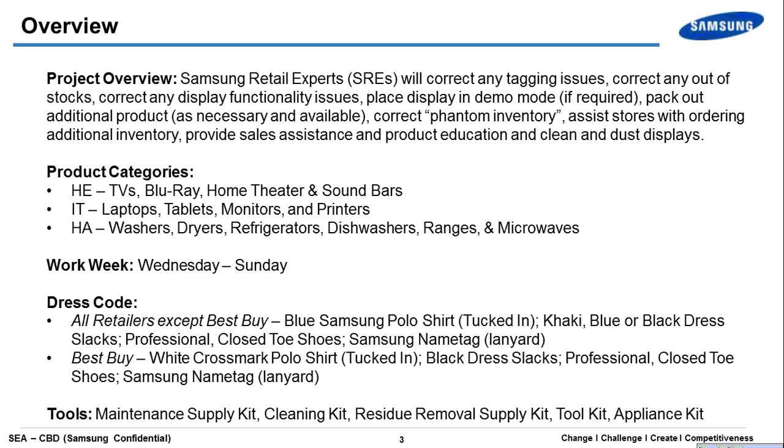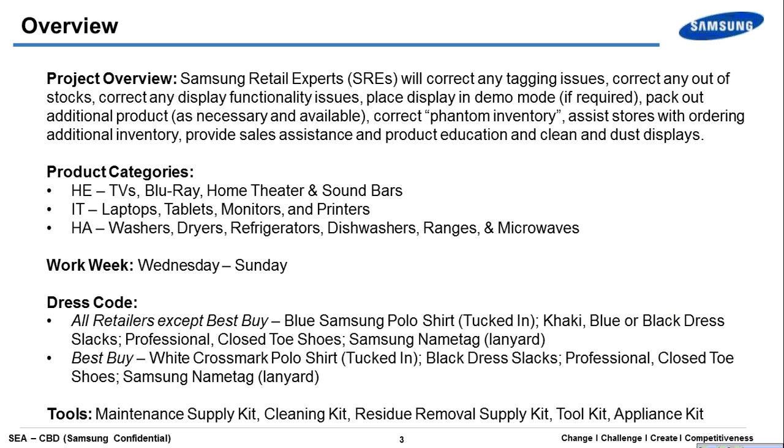Correcting any phantom inventory. Phantom inventory is when the store system shows that there is product in inventory when in reality there is not. So, for instance, let's say the store system shows there's 6 products on the shelf, Blu-ray players. In reality, there's actually none.